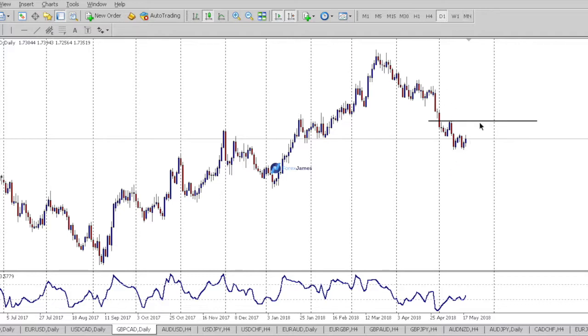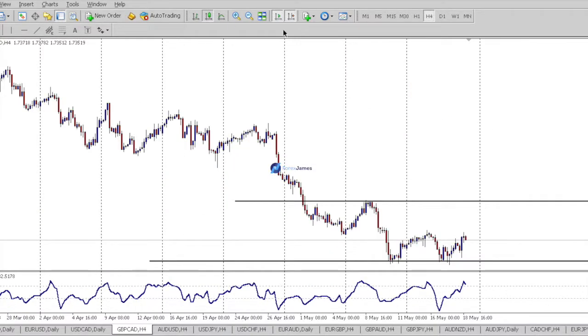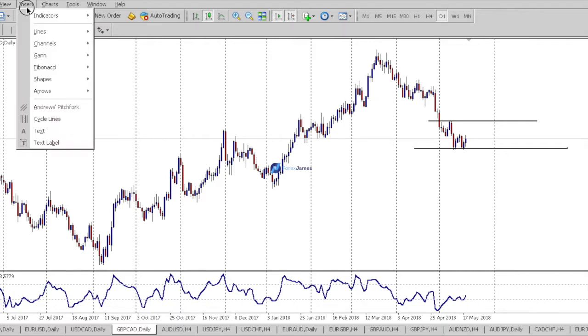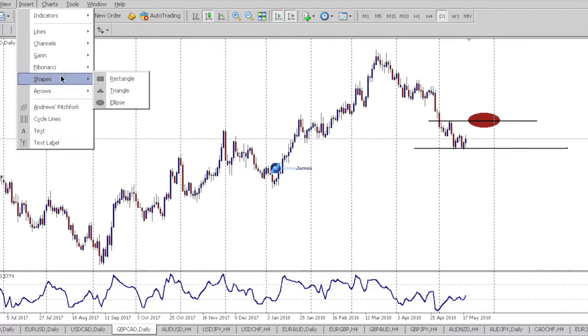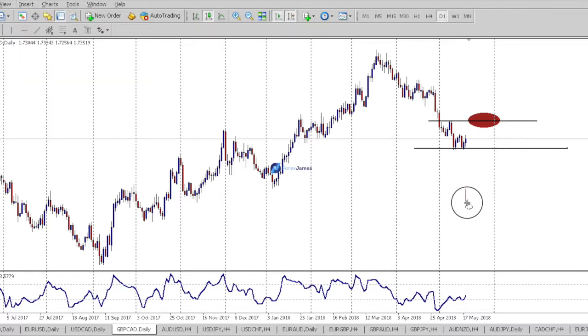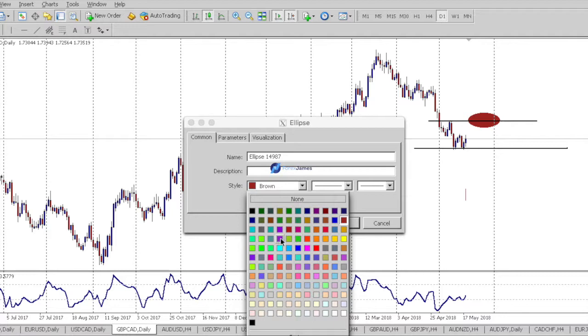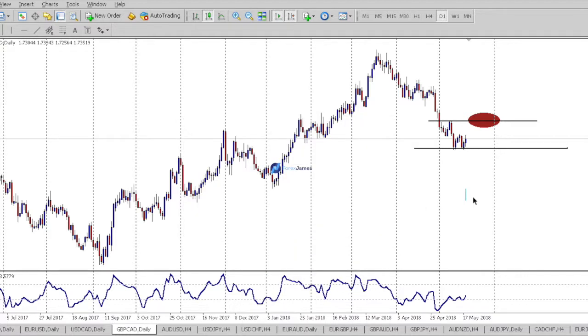So it may make a move to the upside, and we're in a range right now. With that being said, overall bias is still to the downside. However, I may look for longs as well, right around here.